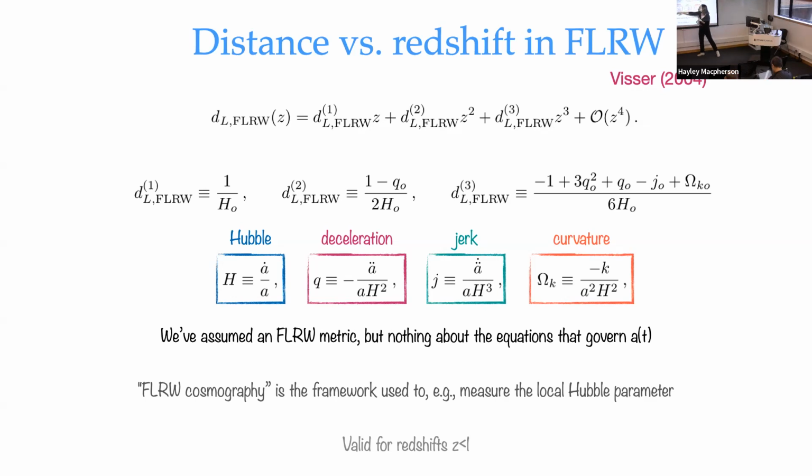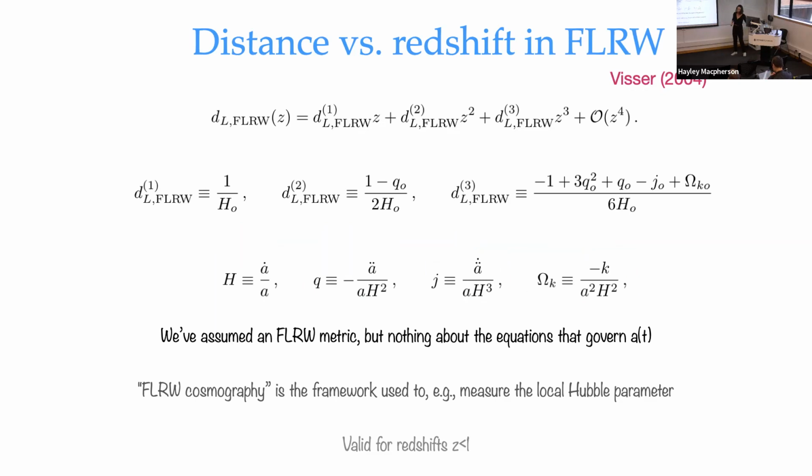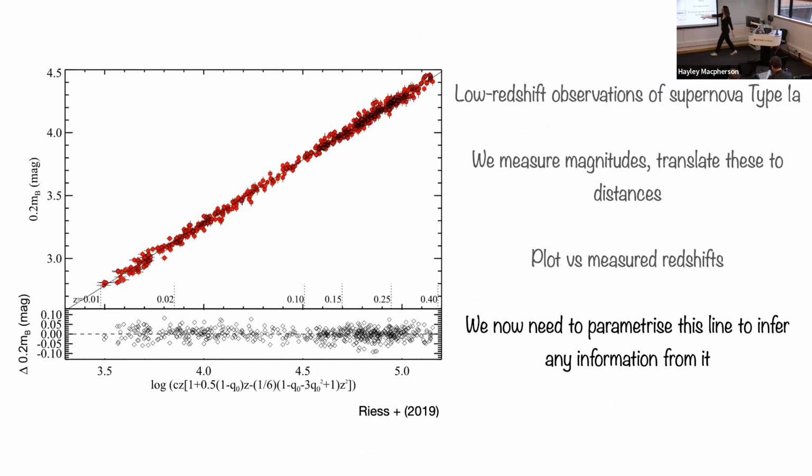You can constrain some of these cosmological parameters without a priori assuming, for example, a particular curvature or a particular amount of dark energy or dark matter. This is exactly the framework that's used to measure the local Hubble parameter. In fact, if I go back to this complicated x-axis, you'll see that's the expression down here.